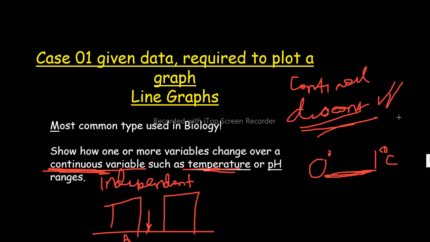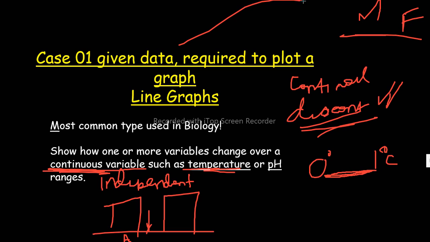For example, you are plotting number of people in a given area, and you have males and females. That data between males and females is discrete, is discontinuous. So when you are plotting, you cannot use a line graph. You join the males. No, you cannot use a line graph.